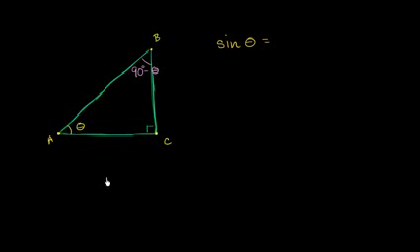Sine is opposite over hypotenuse. The opposite side is BC. So this is going to be the length of BC over the hypotenuse. The hypotenuse is side AB. So the length of BC over the length of AB.